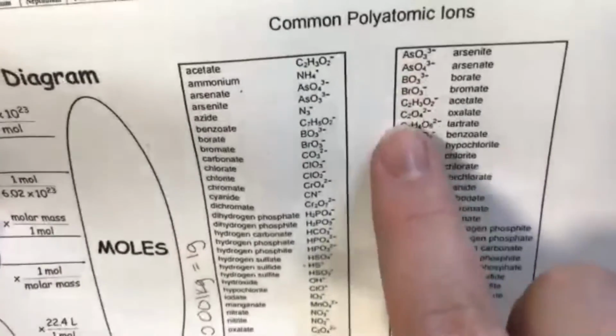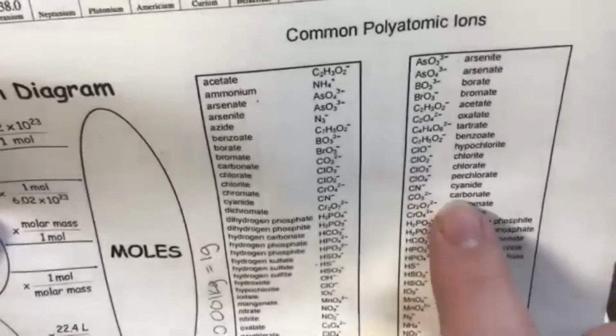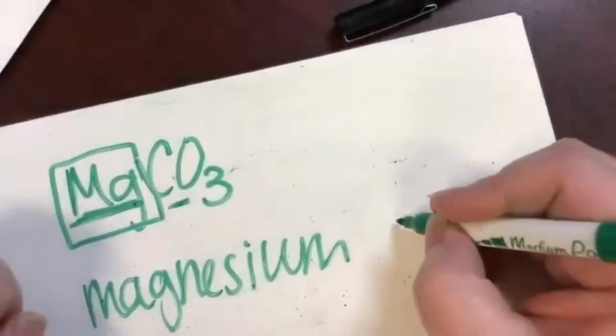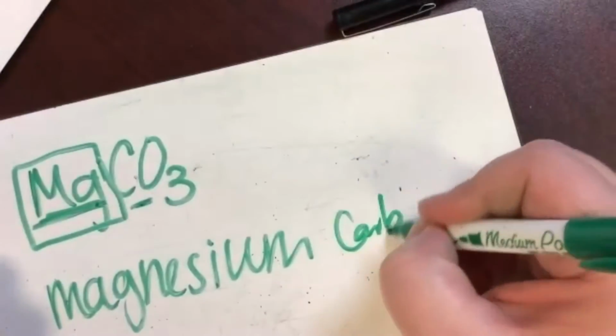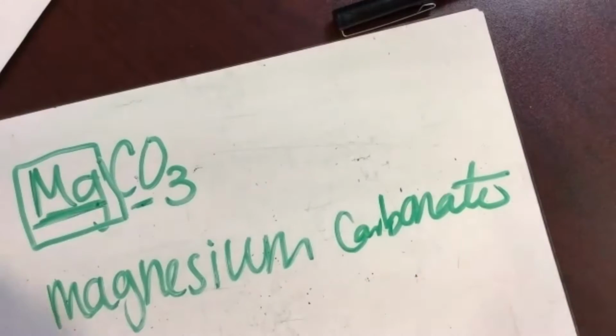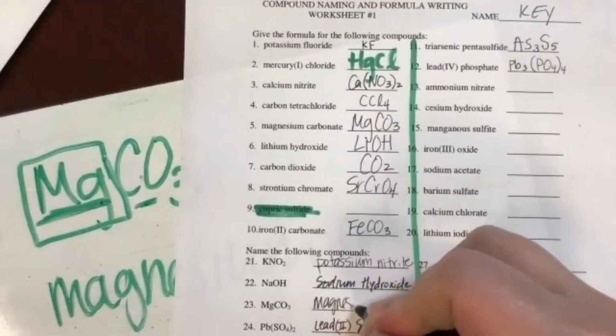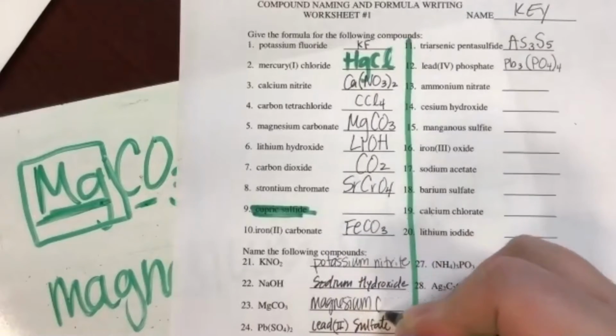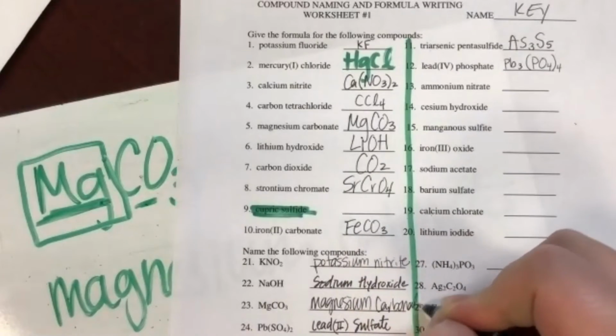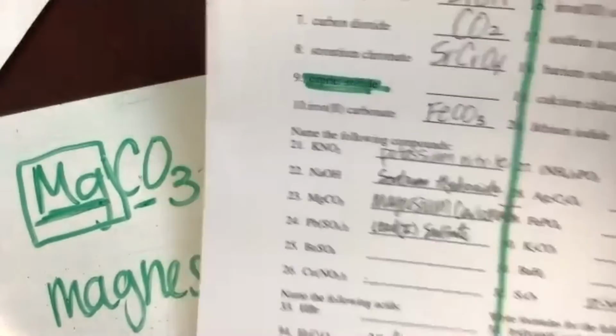On this list, CO3 is carbonate. That's the name, magnesium carbonate. All right, 24 I've already done. Let's do 25.